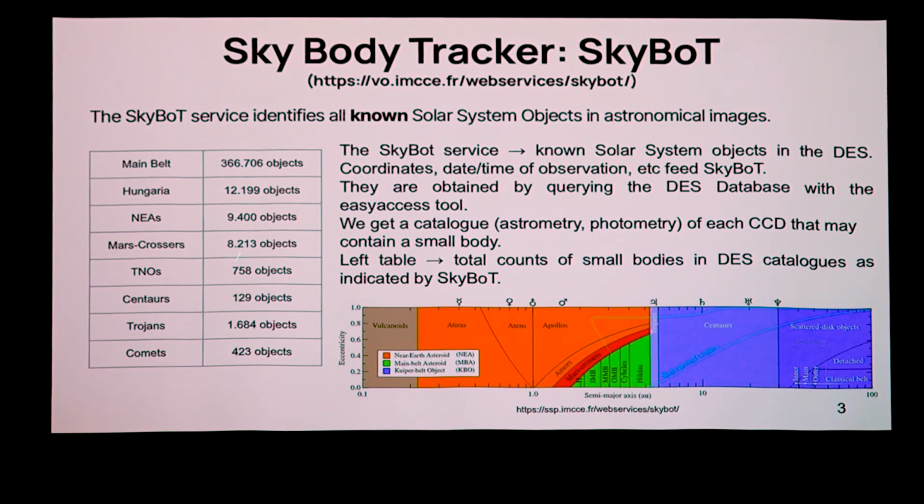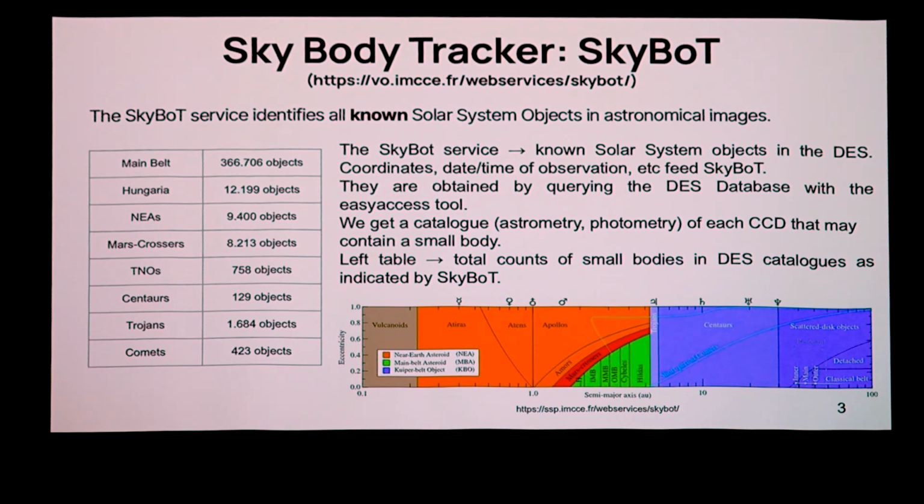This is not updated, but we had to freeze the searches at a given moment. We have a lot of main belt objects as well. In many cases, it covers the solar system from near Earth objects to the regions beyond Neptune.